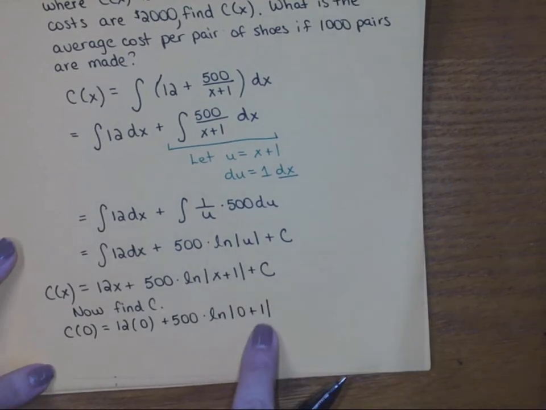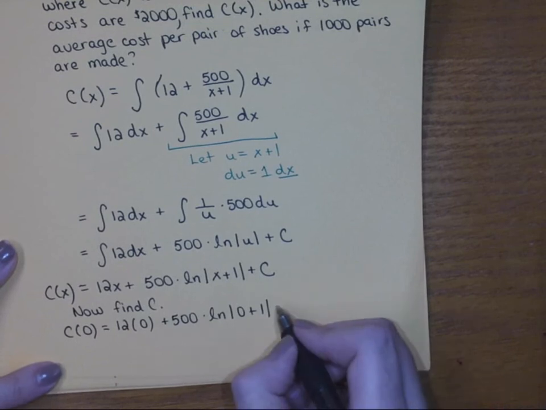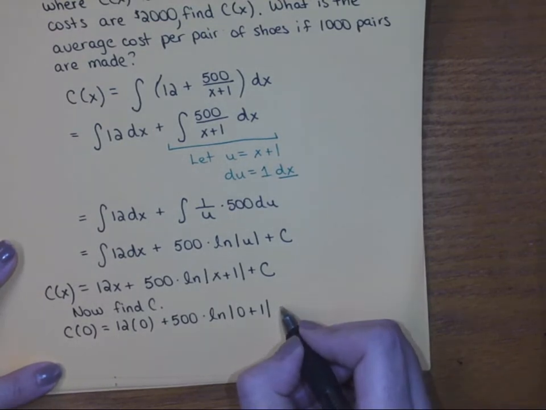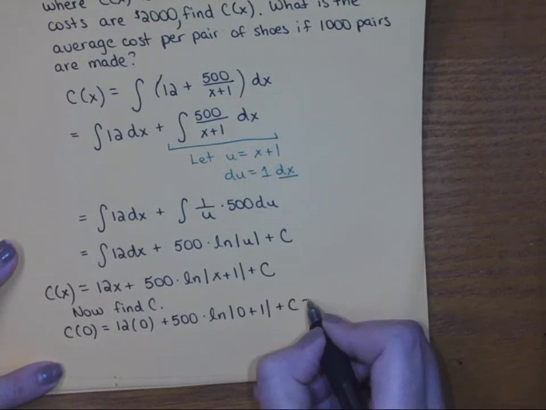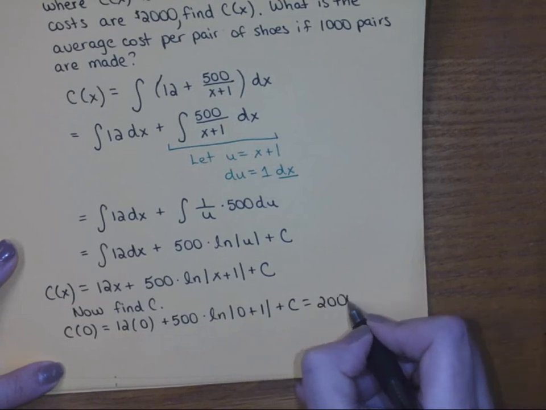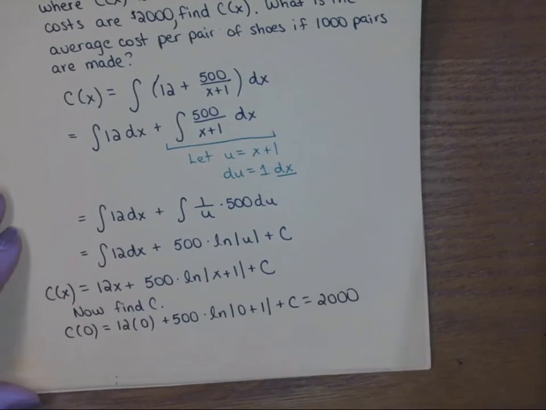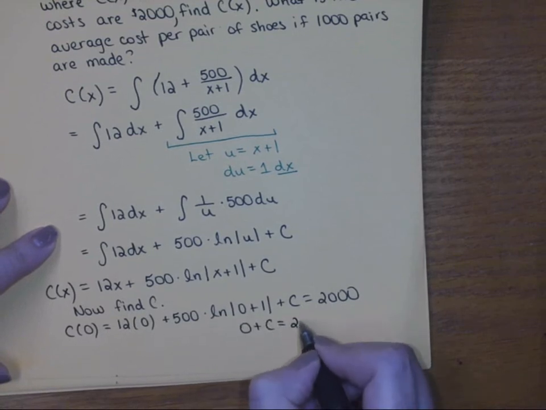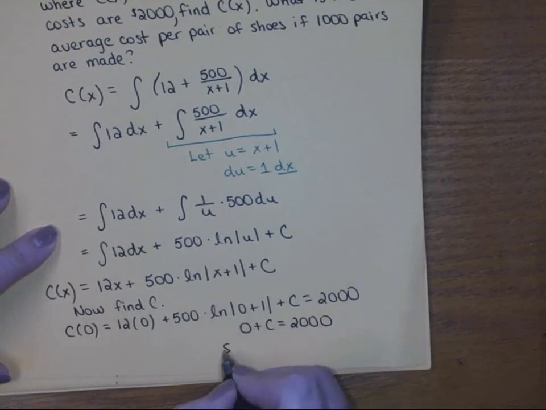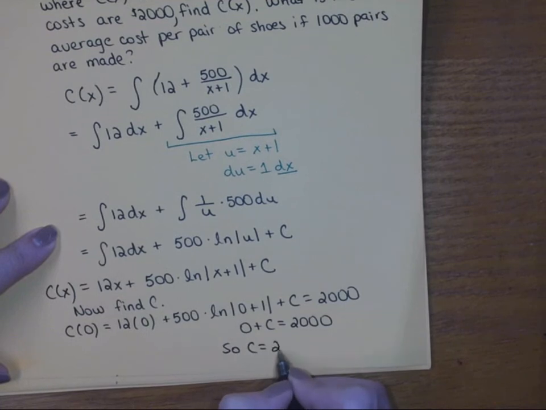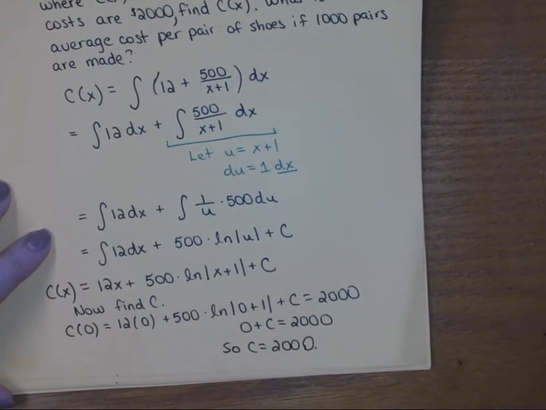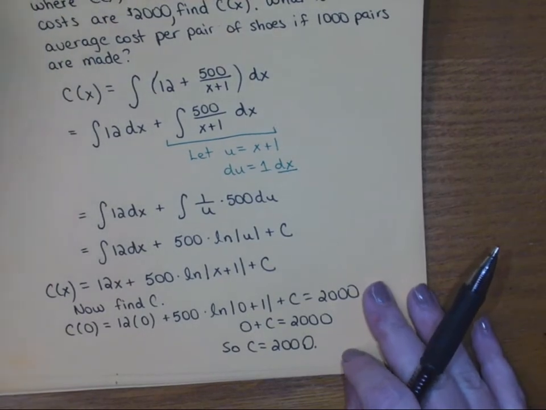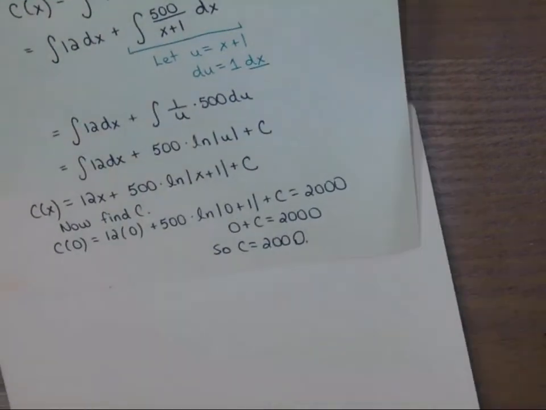But the natural log of 1 is just 0. Then plus c, that's supposed to be 2,000. So this just becomes 0. So 0 plus c is 2,000. So obviously c is just 2,000, right? So c is not always the number that you're just given right off the bat, but in this case everything else went to 0, so it actually was.